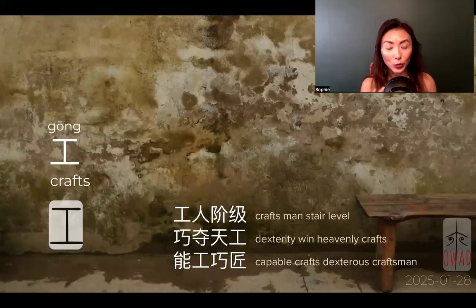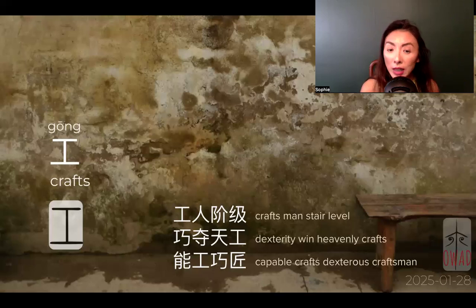So here 巧夺天工 means man-made artifacts look so amazing that they outperform or overshadow nature-made crafts. We use the man-made versus the nature-made to complement how fine something is, how realistic or intricate that thing is.